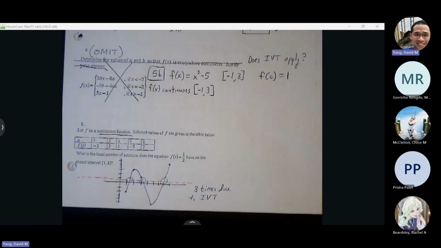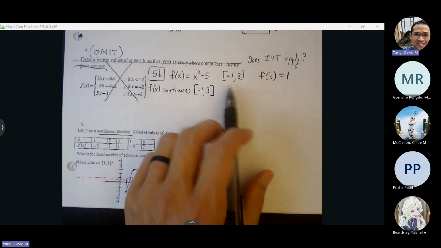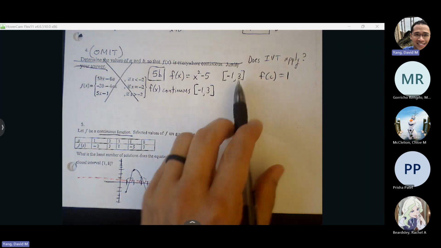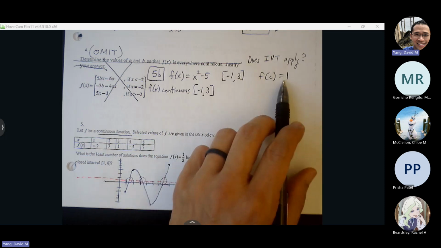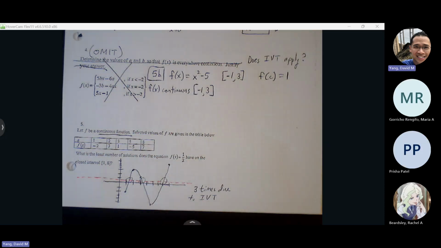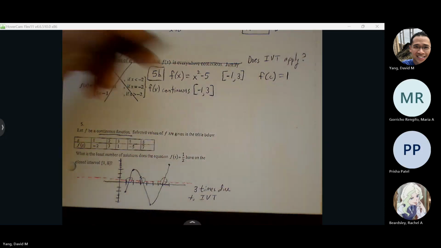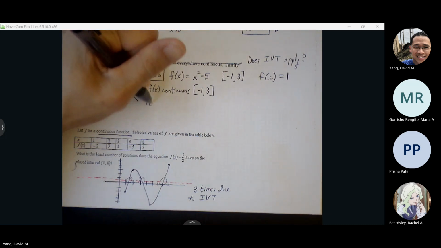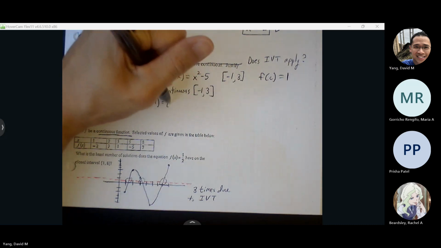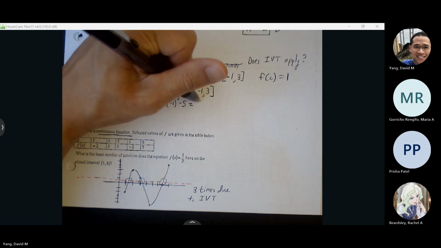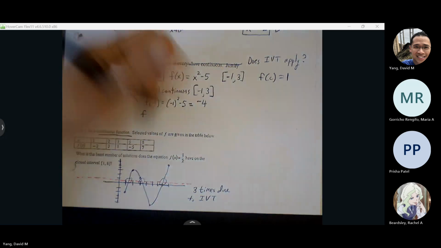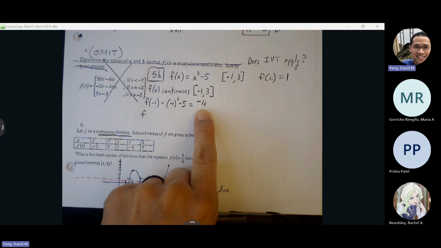Next up, plug in your endpoints. And we know what we're after, right? Here's our target y value of 1. We want one value to be below 1 and the other y value to be above 1. Doesn't matter which one is which, we just need one of each. There's -4. That's a number below.